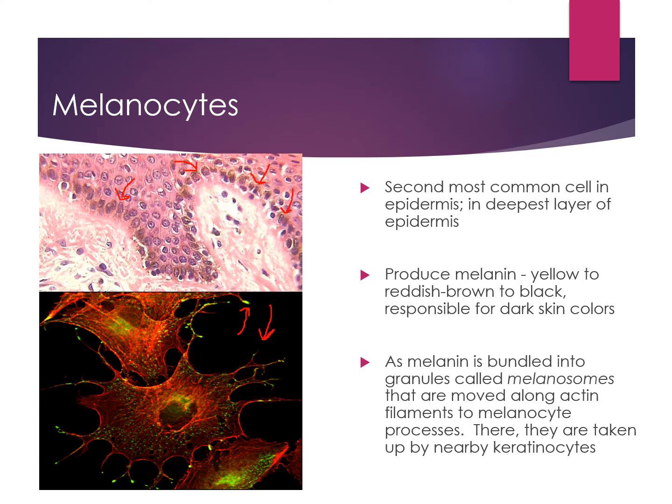Melanosomes are moved along the cytoskeleton of the cell to these processes reaching out from the melanocyte. There, at the end of the process, the melanosomes are taken up by nearby keratinocytes. Now, let's look at how keratinocytes, and to a lesser extent the melanocytes, are organized in the epidermis.